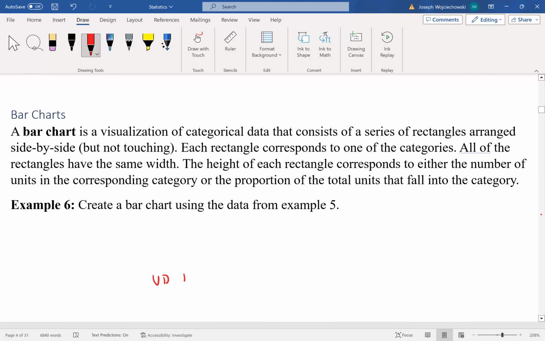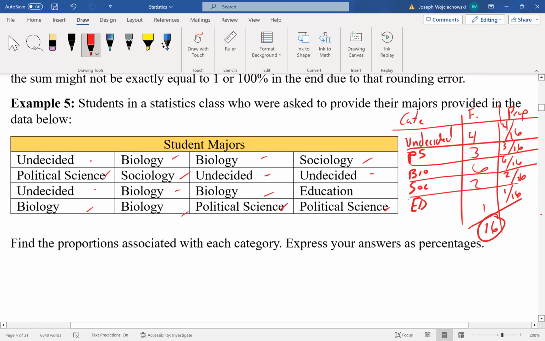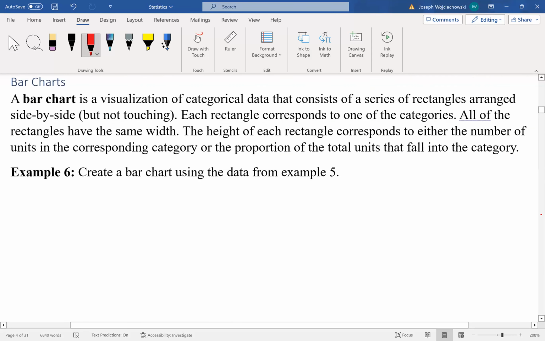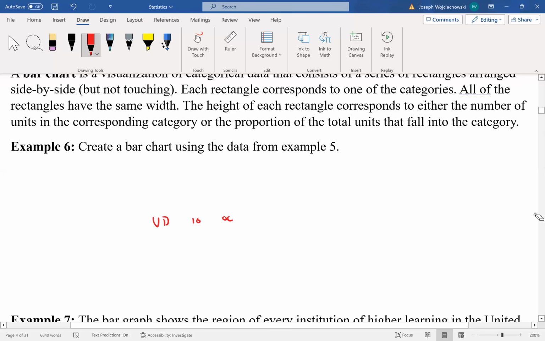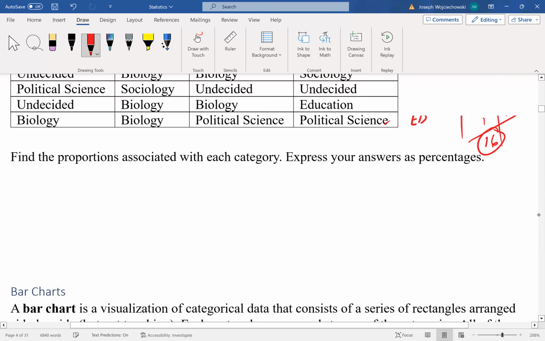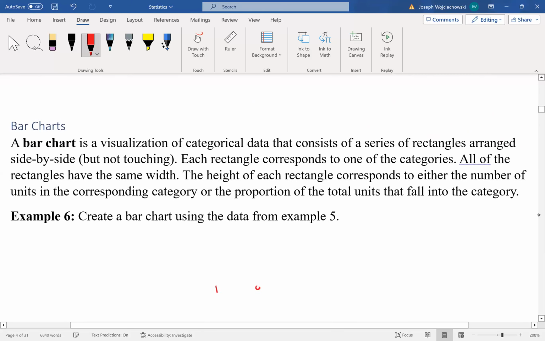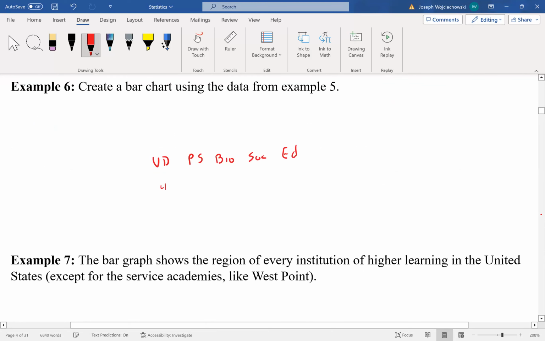And then we had political science, bio, social, and ed. And we had 4, 3, 6, 2, 1. Just making a note.